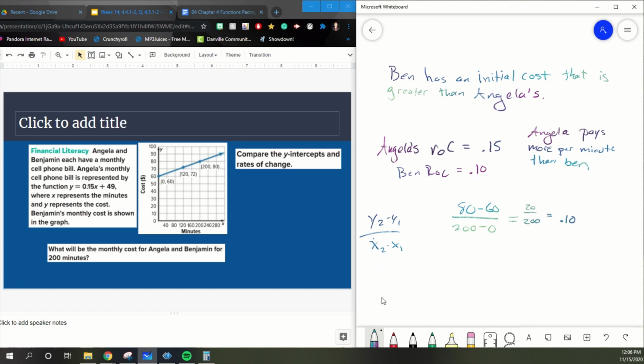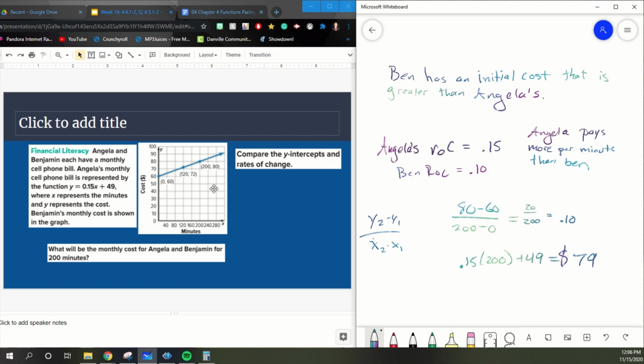What will the monthly cost for Angela and Benjamin be for 200 minutes? So we plug 200 in for Angela's equation right here for x. So we have 0.15 times 200 plus 49. And when we calculate that out, we get $79.